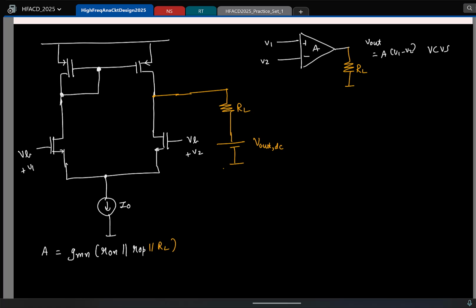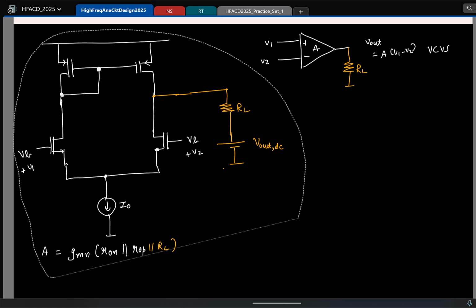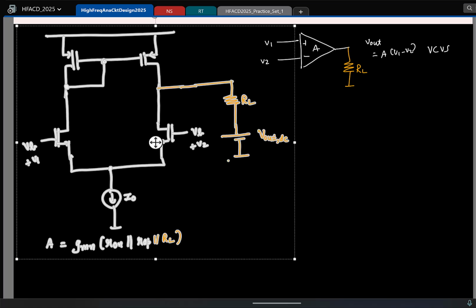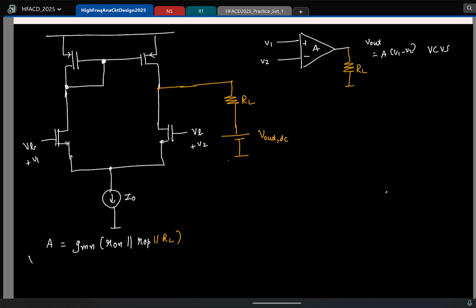RL just comes in parallel to what you have at the output. So do you think now the output voltage will change with respect to RL, or will it not change? It will change, right? But remember, an ideal voltage controlled voltage source should not behave that way. So which means what we have designed is not truly a voltage controlled voltage source. Turns out this guy is a voltage controlled current source.